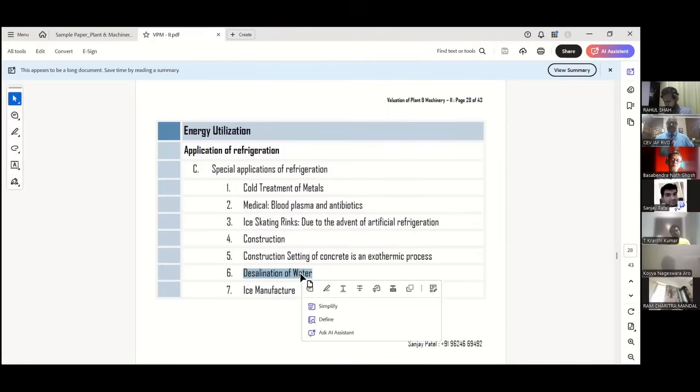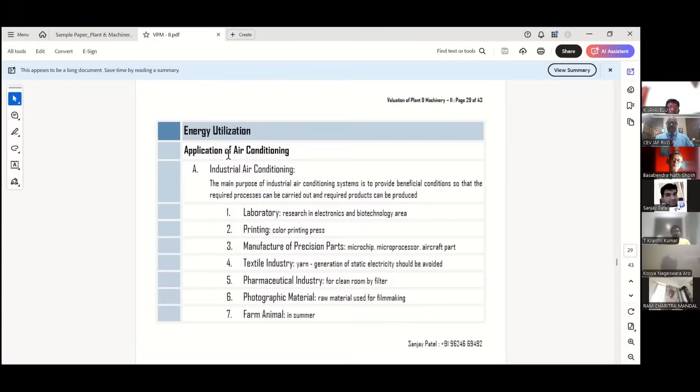What do you mean by desalination of water? Converting salty water into drinkable water, potable water. Yes. So desalination is where it is used.